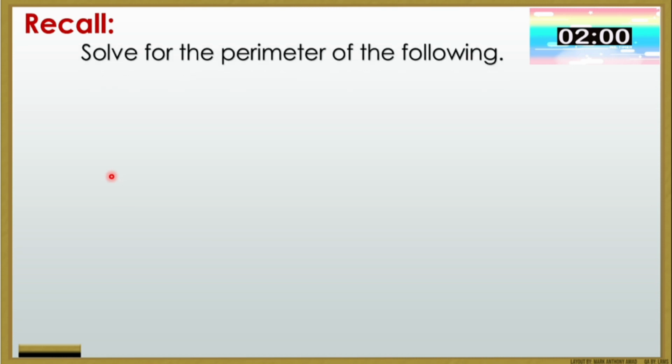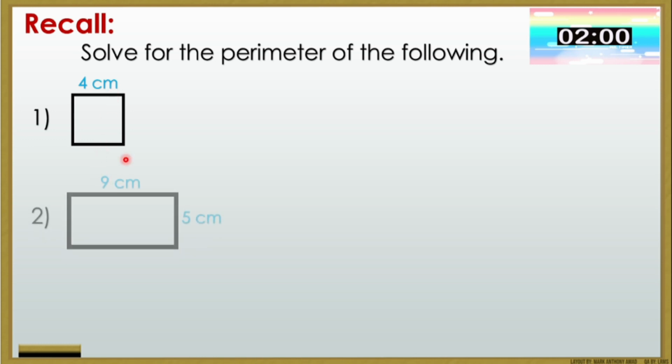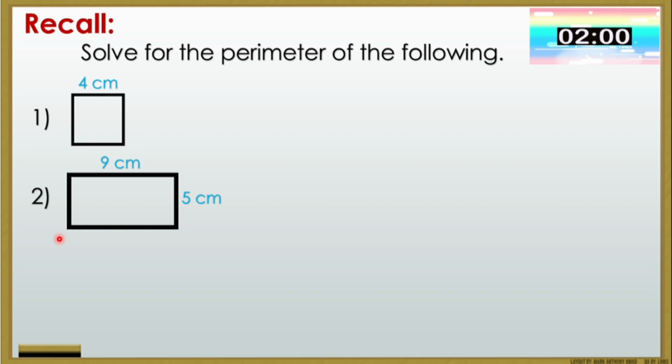So let's have some activity first. You have 2 minutes to do this task. The direction is you're going to solve for the perimeter of the following. For number 1, a square, 4 centimeters. For number 2, a rectangle, 9 centimeters by 5 centimeters.